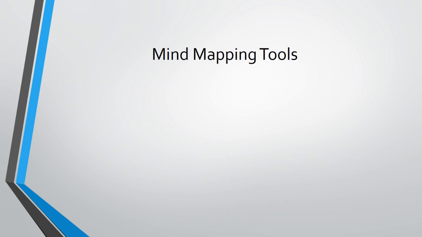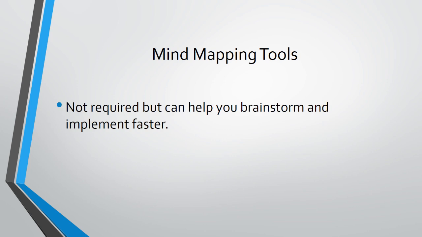So moving on, I want to talk about mind mapping tools. And the reason why is because this is not really required, but it can definitely help you brainstorm and implement things a lot faster. So as far as implementation goes, once you've mapped things out, map out your perfect buyer's typical day.